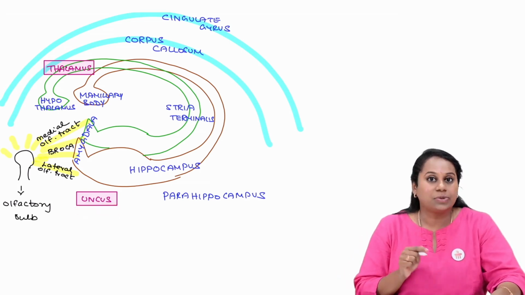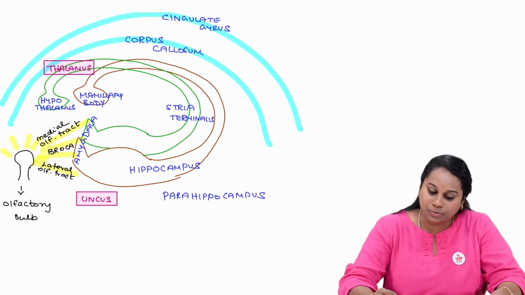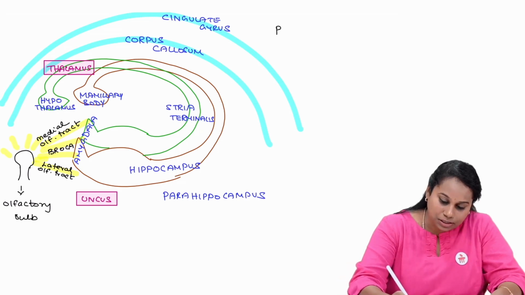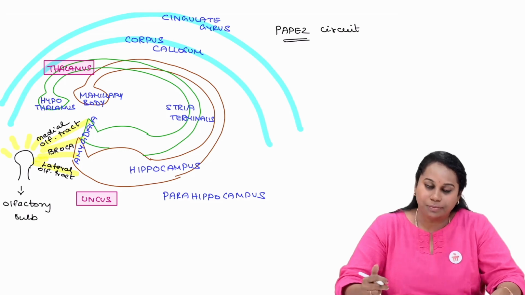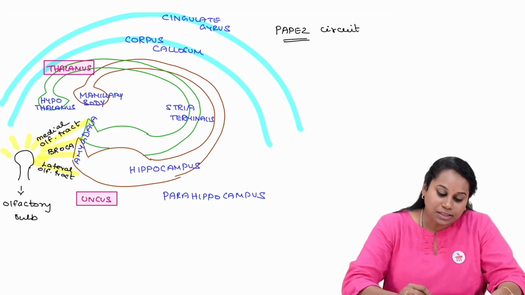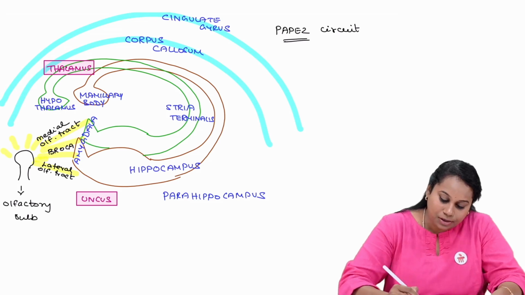There is a connection within the limbic system that is called Papez circuit, an internal connection within the limbic system. What is this internal connection? So let me trace the Papez circuit.